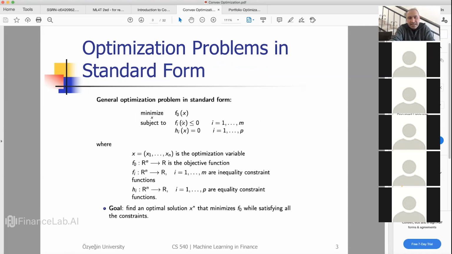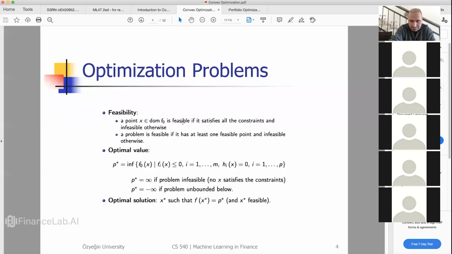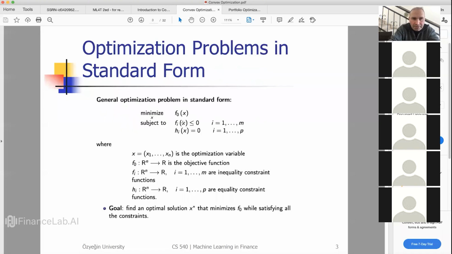So if constraints are not satisfied, then this problem becomes infeasible. However, if the constraints are satisfied, then this problem becomes feasible. And again, a problem is feasible if it has at least one feasible point, and infeasible otherwise. If there's at least one feasible point, the problem is feasible because that feasible point can be a solution. And in this case, the optimal solution is among feasible points.